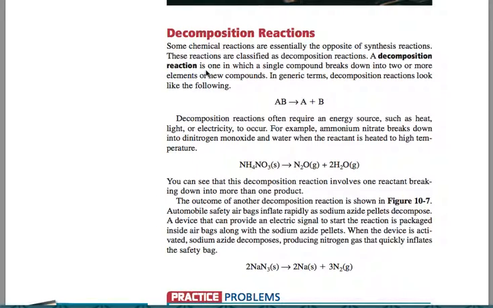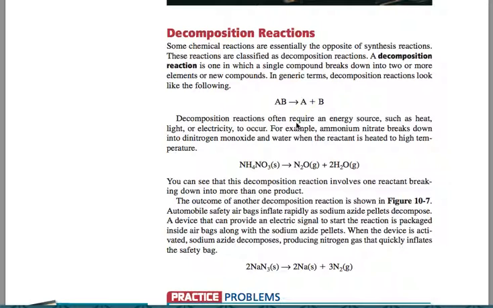A decomposition reaction is one in which a single compound breaks down into two or more elements or new compounds. In generic terms, decomposition reactions look like this: AB reacts to produce A plus B. See how it's coming apart.